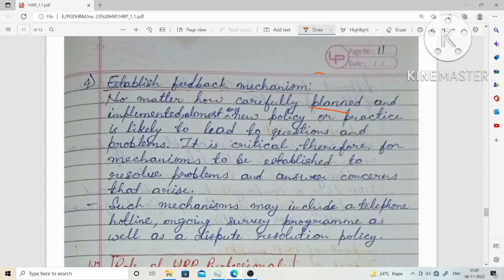It is critical, therefore, for mechanisms to be established to resolve problems and answer concerns that arise. Such mechanisms may include a telephone hotline, ongoing surveys, and many dispute resolution policies.